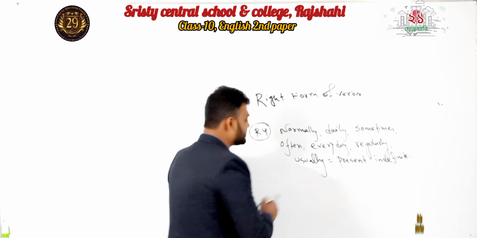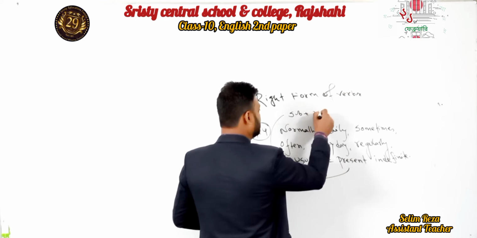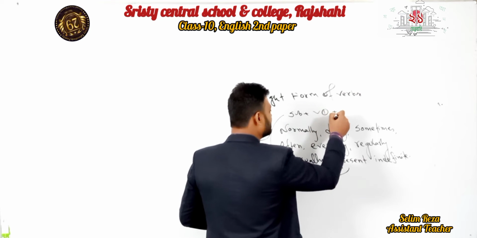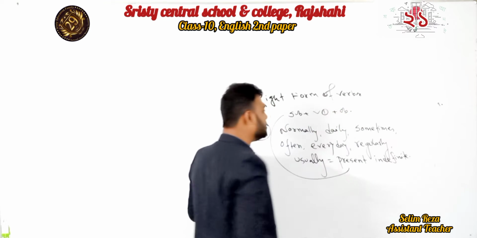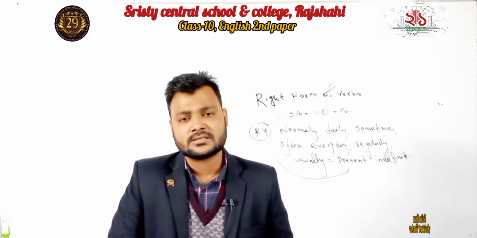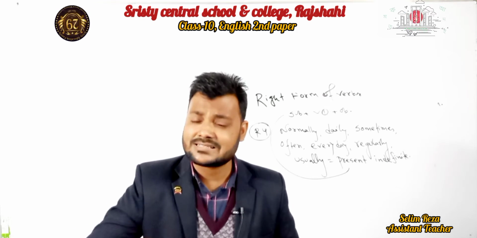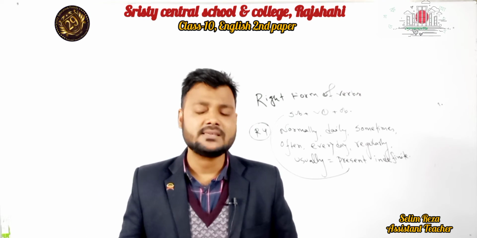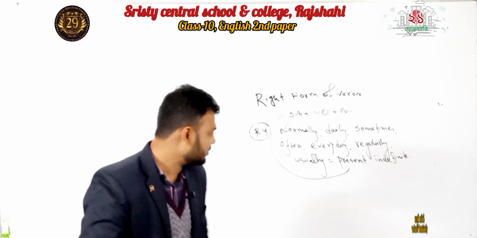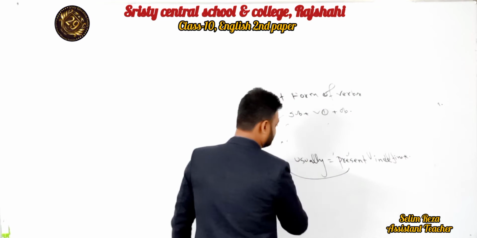And the structure of present indefinite tense is subject plus V1, that means verb present form, plus object. There is a famous note of tense: if the subject is third person singular number, then the verb must add s or es, dear student. So let's have an example.